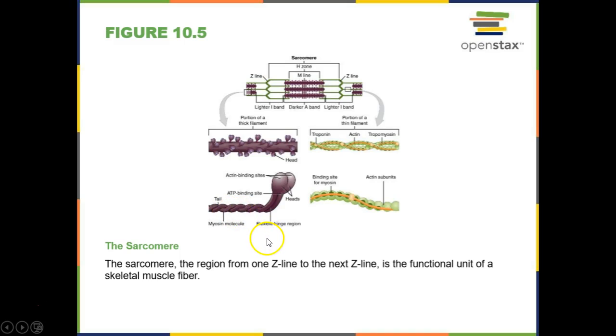Myosin kind of looks like a double-headed golf club. So one myosin protein filament has multiple heads, and these heads are what contain those actin binding sites as well as ATP binding sites.